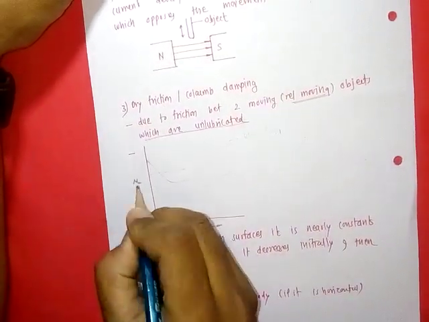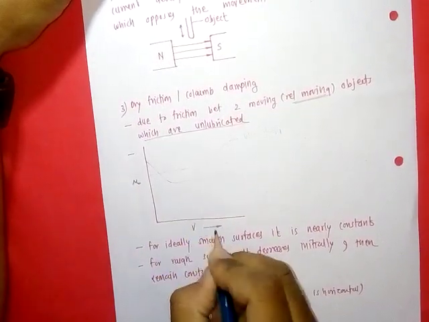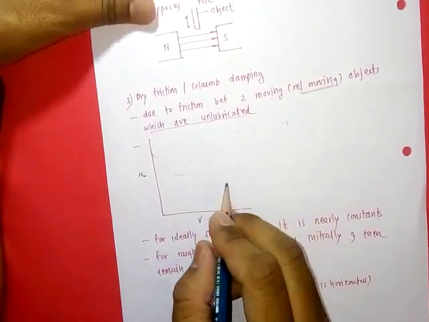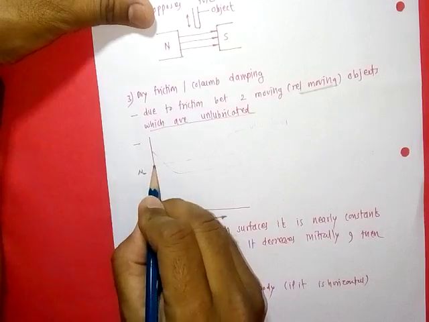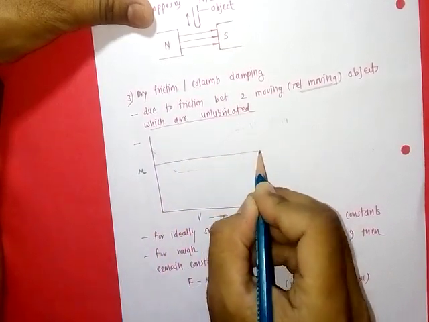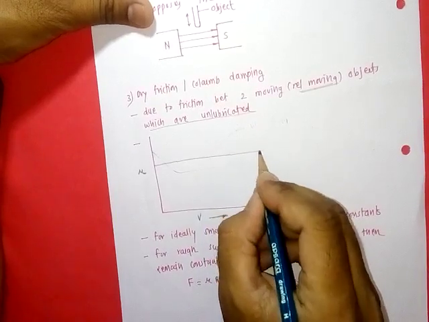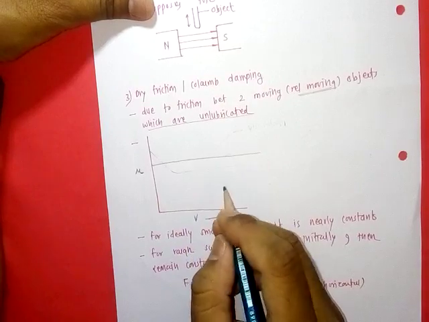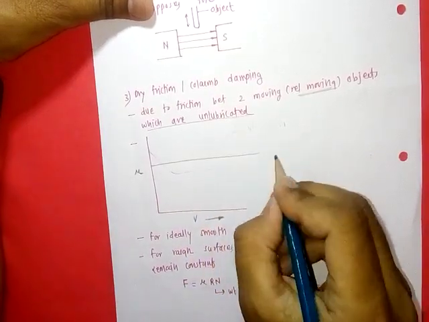If we draw a graph between coefficient of friction versus velocity, then if the surface is ideally smooth, the coefficient of friction remains the same, independent of velocity. It remains constant for smooth surfaces.